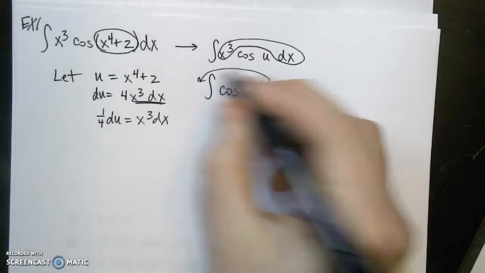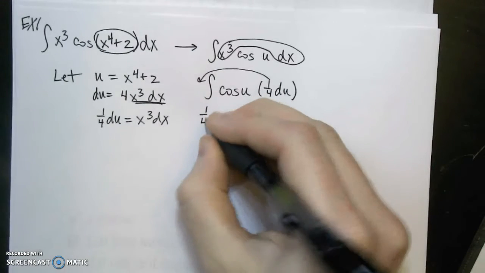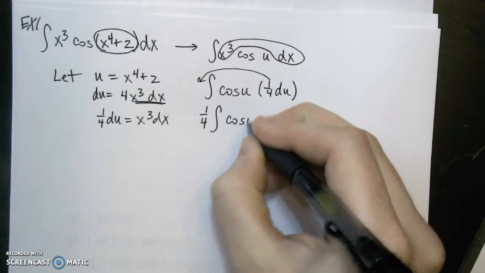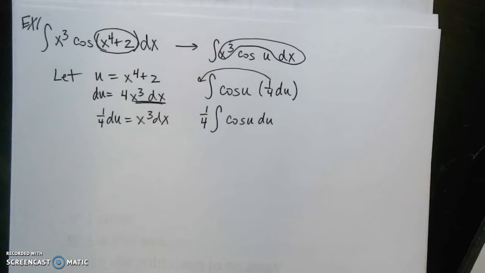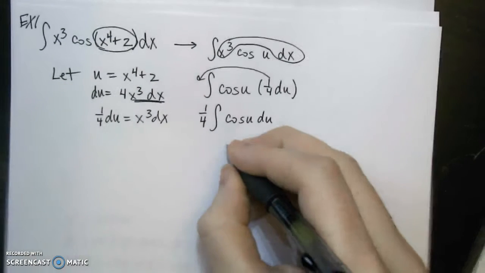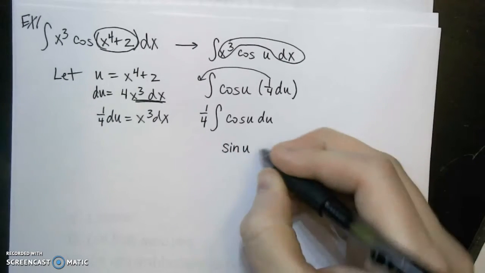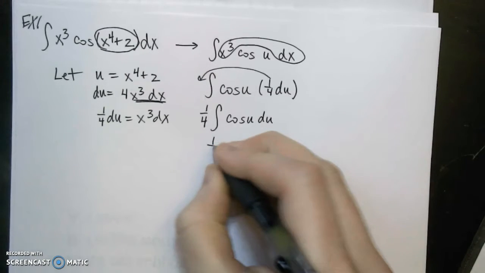So we've got a coefficient which can come in front, and then I just have a very simple integration problem. The antiderivative of cosine is sine, and then we have plus c, and we've got that 1/4 in front.